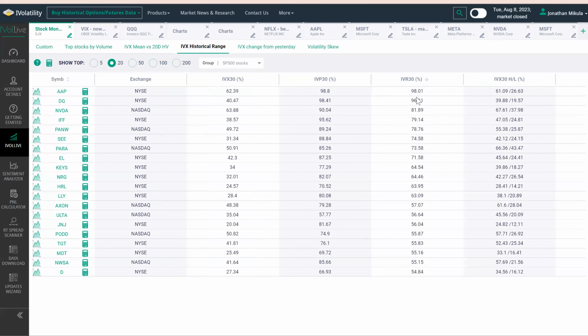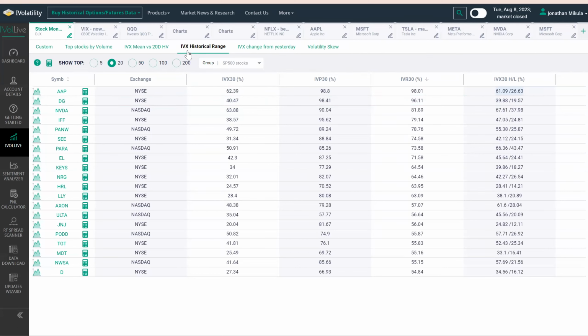Then we have IVX historical range. This is like a 52-week range for a stock, but instead of the price, it's the 52-week range on implied volatility. So that's great because when people are just starting to study IVolLive, you'll get this number, right? So for Dollar General, the IVX 30 is 40.47. So that might seem high, low. If you're new and you're a rookie to implied volatility, you don't really know what that means.